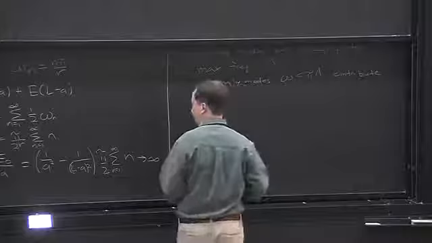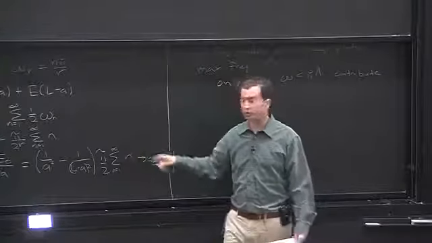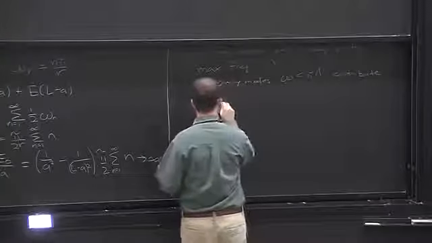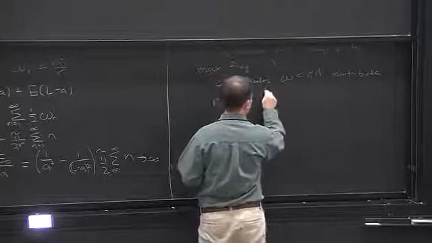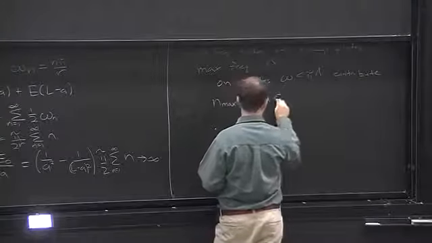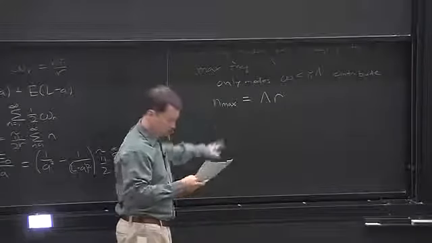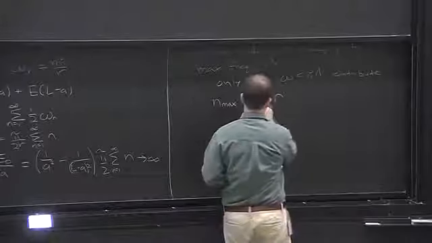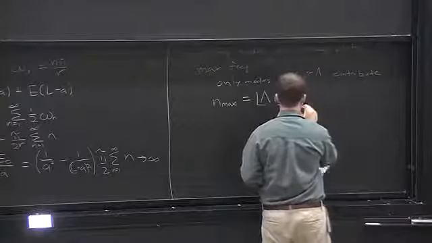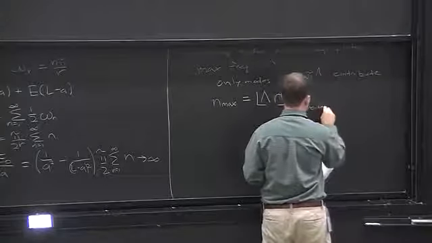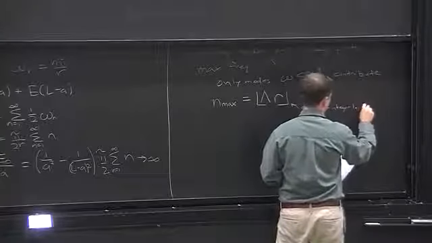Okay, so if that's the case, then this sum shouldn't be from 1 to infinity. Instead, it should be up to lambda R, but n should be an integer, so it should be the floor function here. So this is the greatest integer less than.